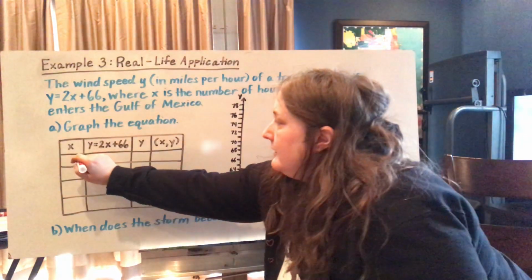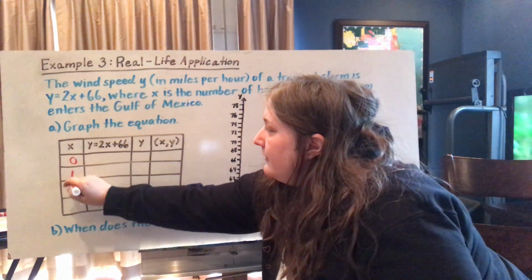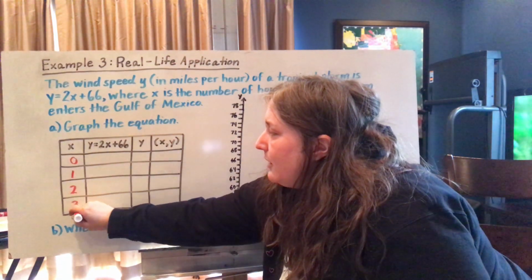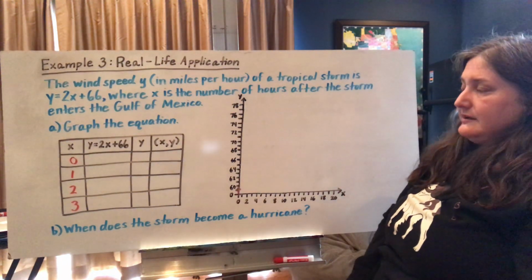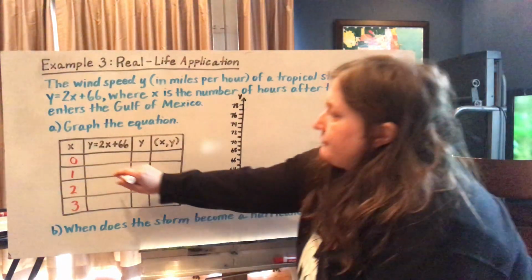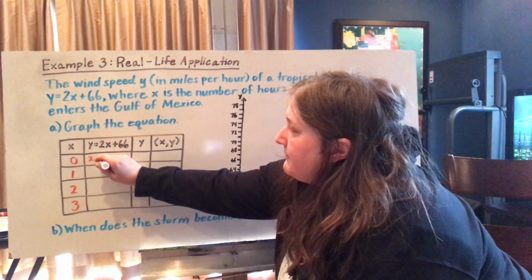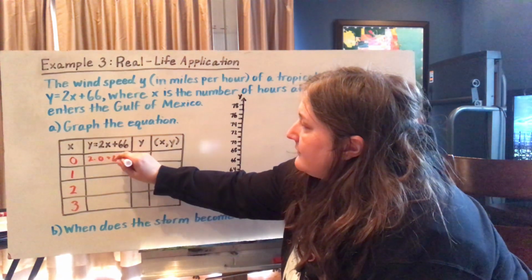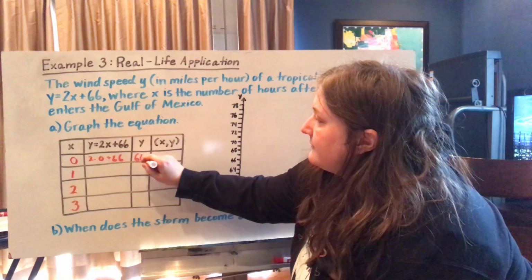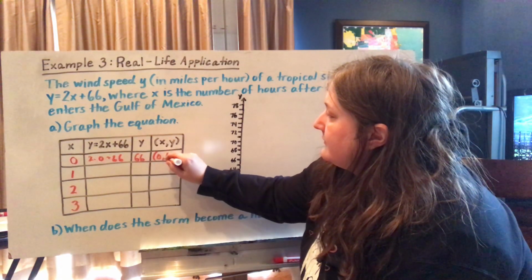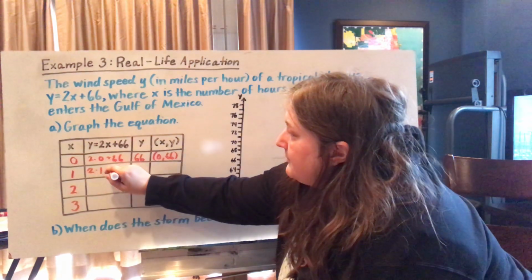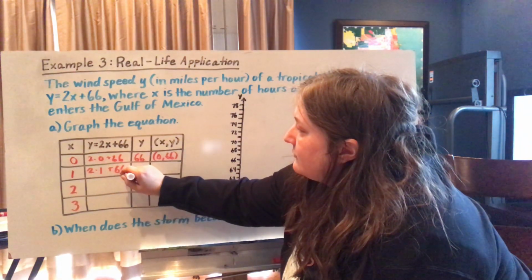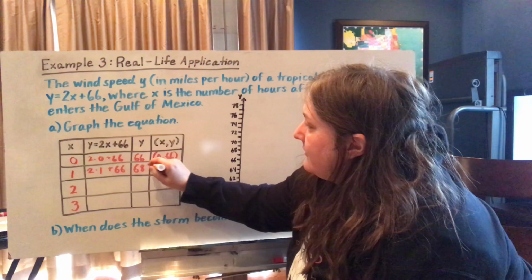So I'm going to pick some positives. And I'm going to pick fairly small ones so they're easy to plug in. So I'm just going to start with 0 when the storm begins and then every hour. So first I'm doing 2 times 0 plus 66, which is going to give me 66. So I'm going to have 0 comma 66. 2 times 1 plus 66, which is going to get me 68.